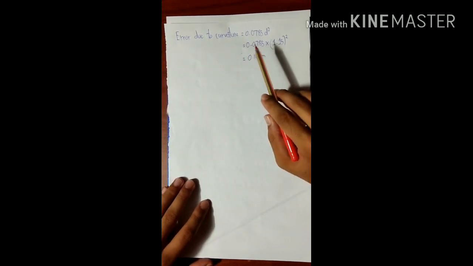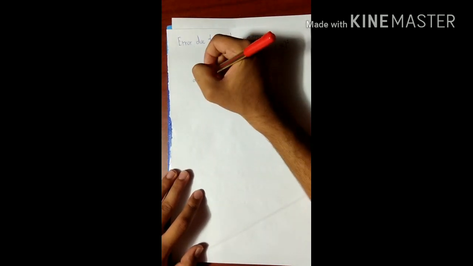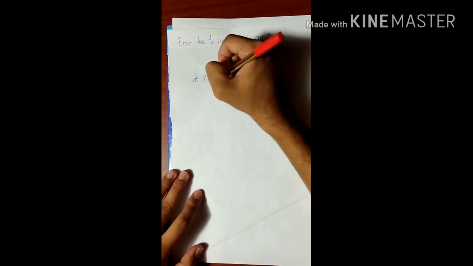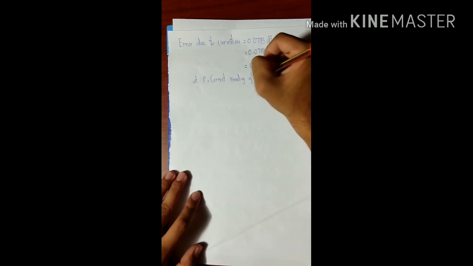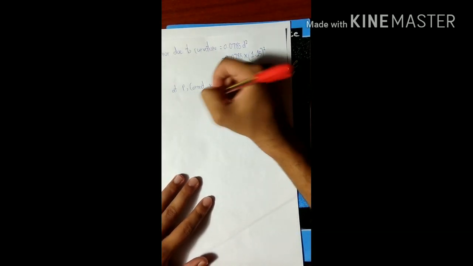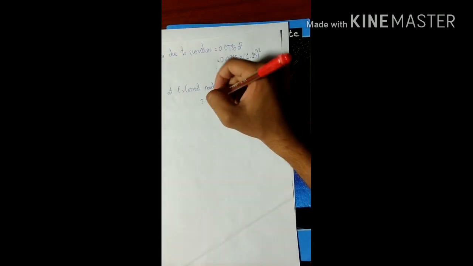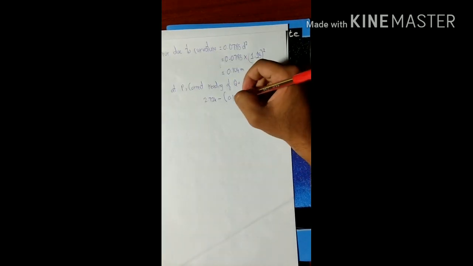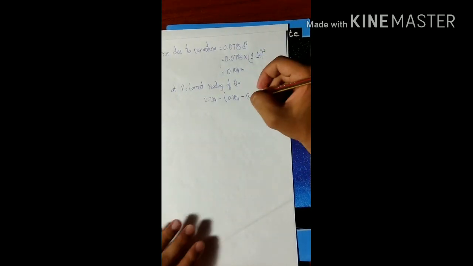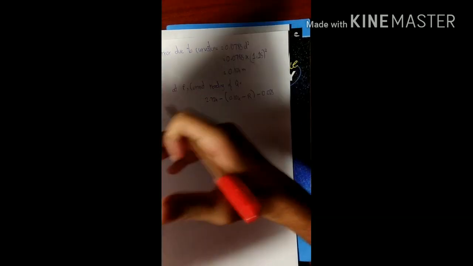Now we have to find the correct reading at Q with the instrument placed at P. With the instrument at P, the correct reading at Q is equal to 2.724, which is the staff reading at Q as viewed from the instrument at P, minus 0.104, that is the error due to curvature, minus R, that is the error due to refraction, minus 0.023, which is the collimation error.